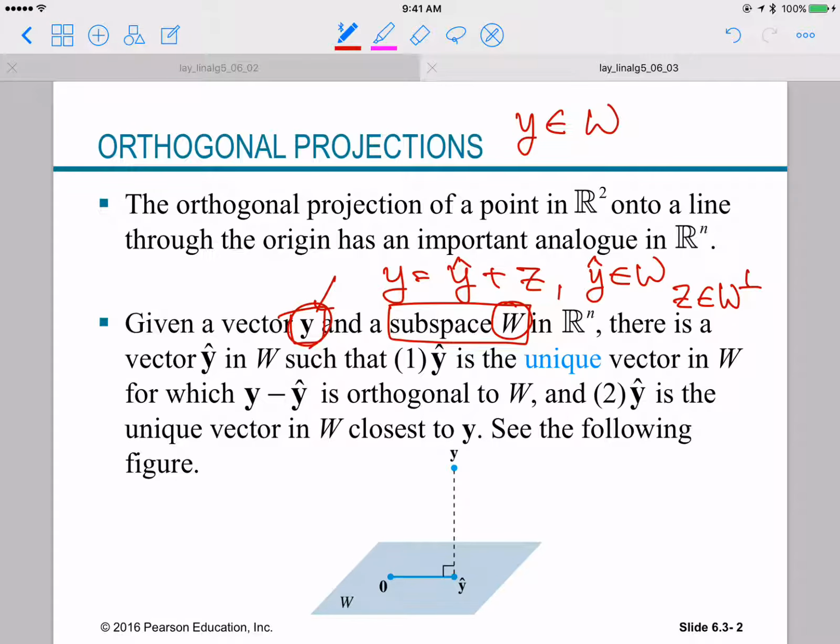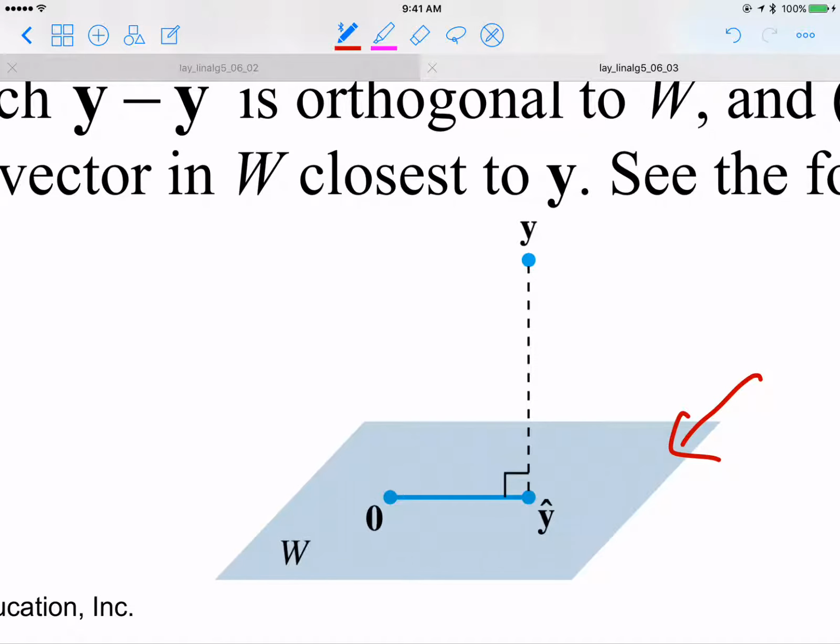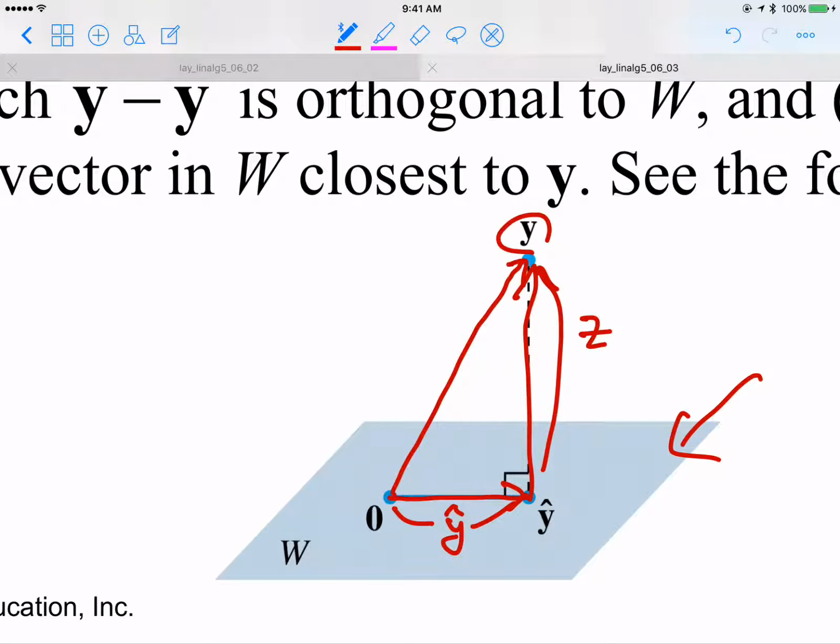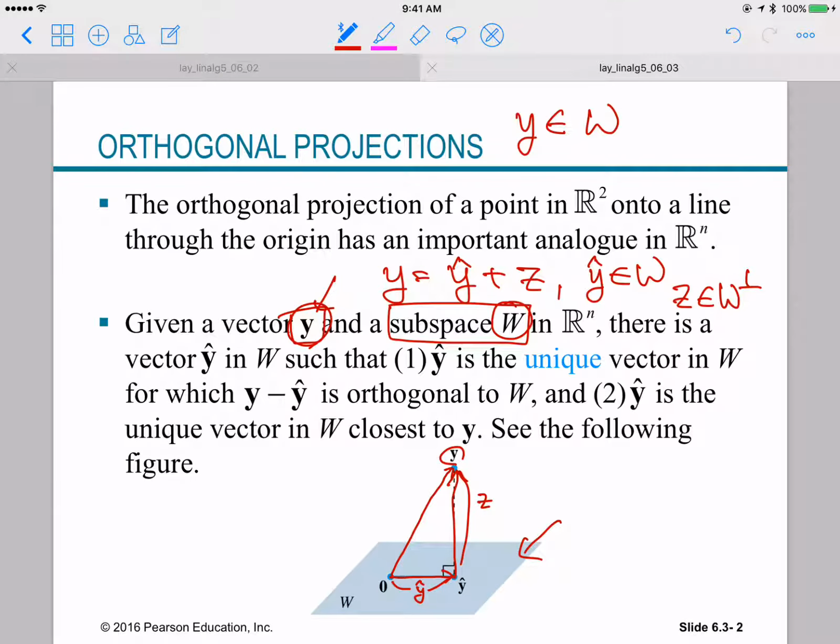So it's like we have a plane here as our subspace, and then some point y. Then this vector is decomposed into these two vectors, where this one is called y hat and this one is called z.